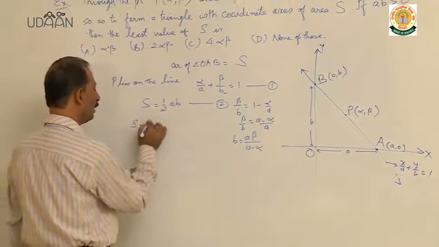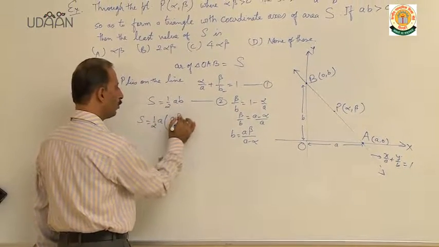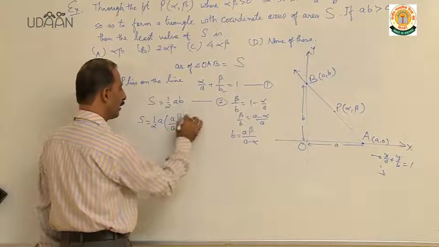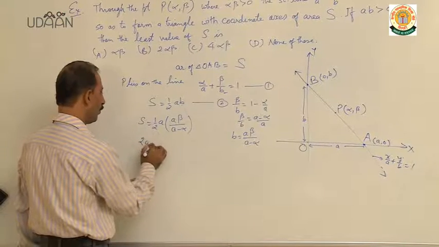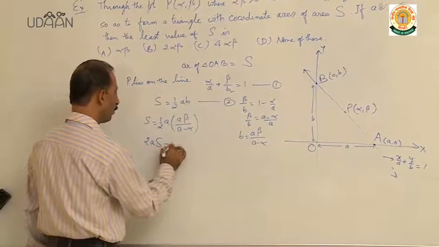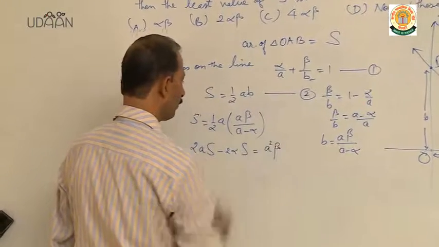Substitute the value here. a into beta upon a minus alpha. Do the cross multiplication. Small a into S minus 2 alpha into S is equal to a square beta.